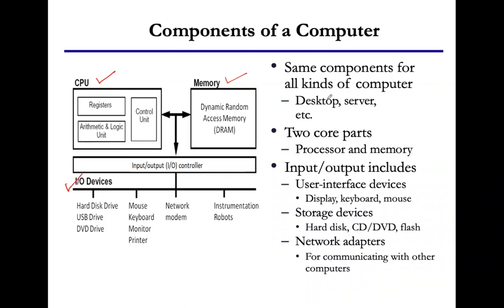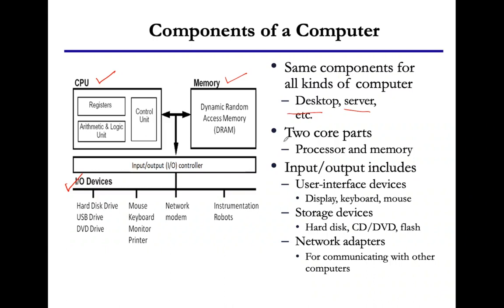These are the components for all kinds of computers, whether it may be desktop, server, PMD, personal mobile device, or cluster warehouse. Every device requires the CPU, memory, and input output devices.